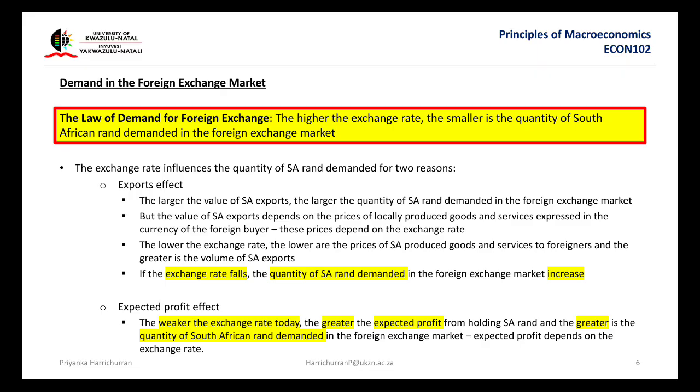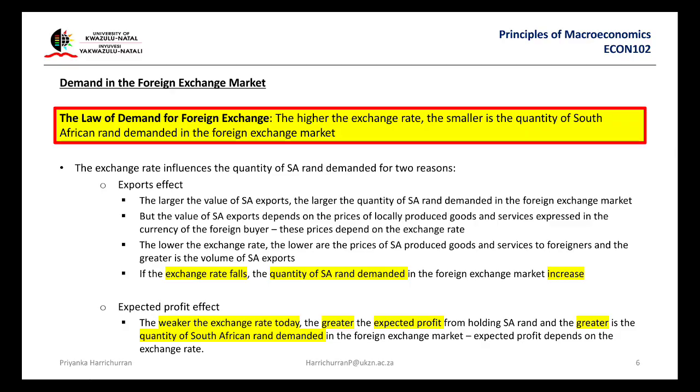Because think about it, if the dollar exchange rate right now is 19 rand and then tomorrow it changes to 25 rand or 30 rand, that's bad, right? So the higher the exchange rate, the smaller the quantity of South African rand demanded in the foreign exchange market. So let's say the rand is trading at 8 rand, right? And then now this goes up to 15 rand.